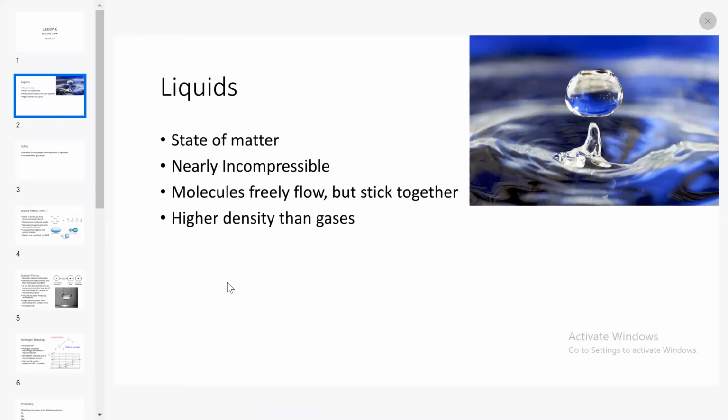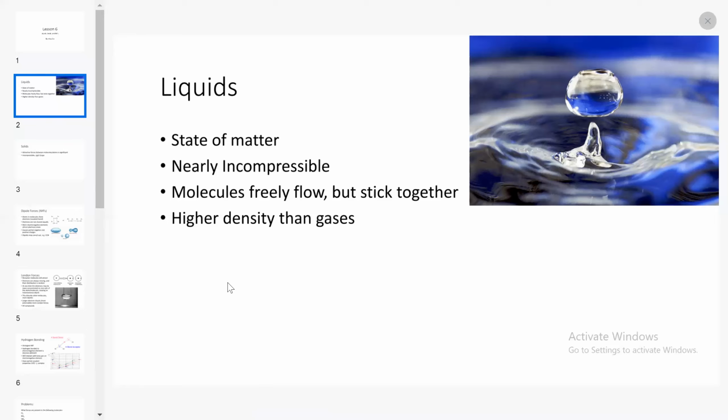So if you remember from the last lecture, gases have very, very low densities, like we calculated. But most liquids, so for example, most organic liquids usually have a density of around 1 kilogram per liter. And some liquids can get even as dense as 20 kilograms per liter.